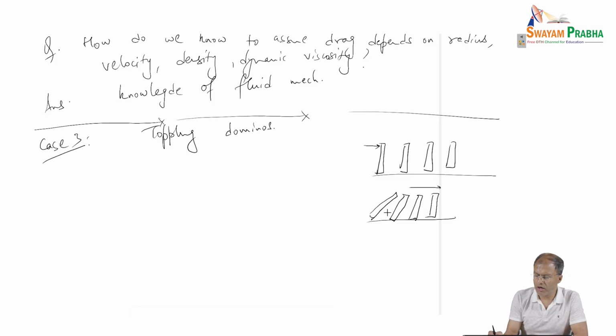Now, in order to determine the motion of these dominoes, let us assume the height of these objects as h, the width of these objects as w, and the distance between the various dominoes as d.